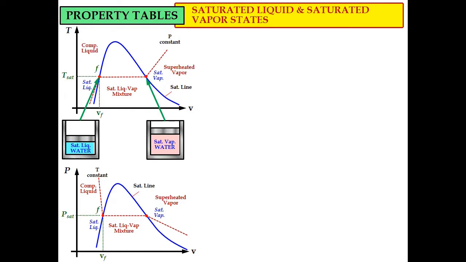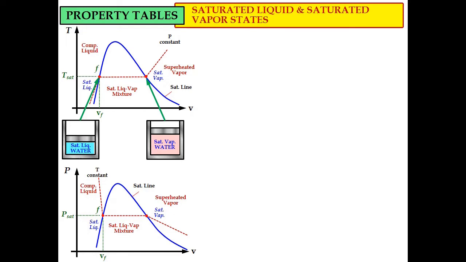And then we have the second point, or the second state, referred to as the saturated vapor state as shown in the figures, where at this point the phase is 100% vapor.